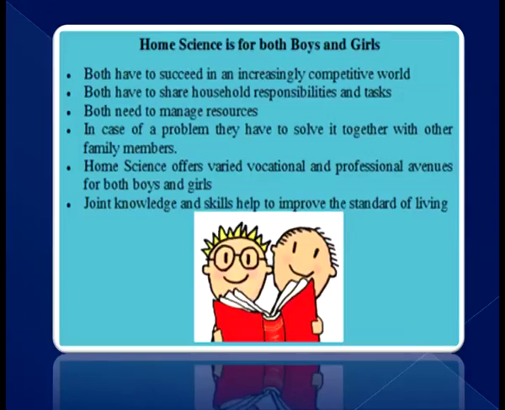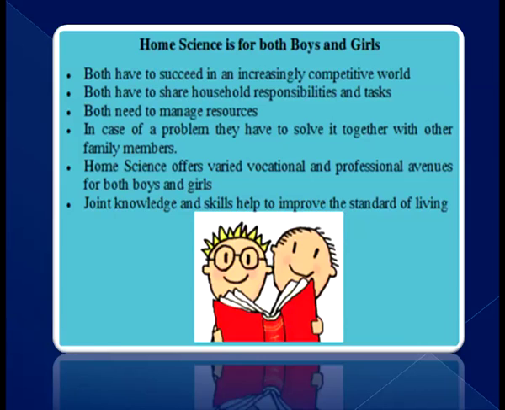Both have to succeed in an increasingly competitive world. Both have to share household responsibilities and tasks. When both are going out, both have to share the responsibility at home also. Both need to manage the resources.